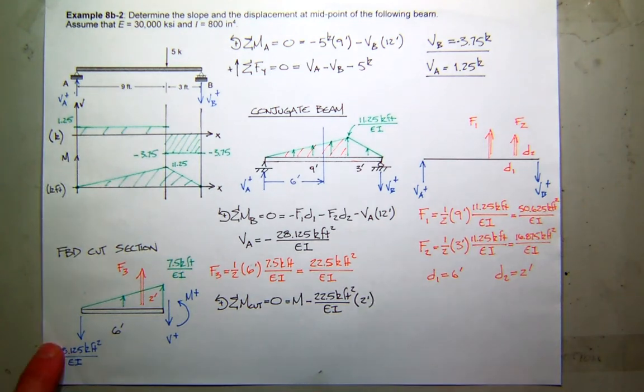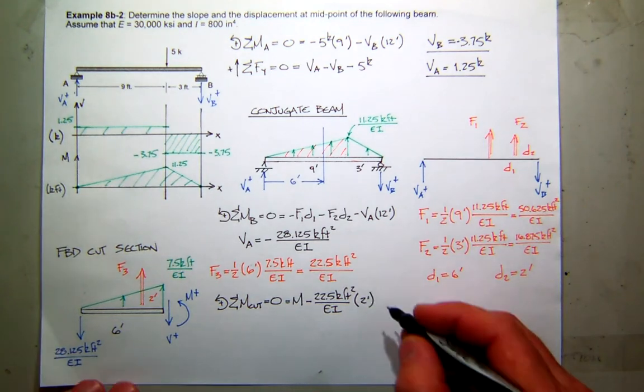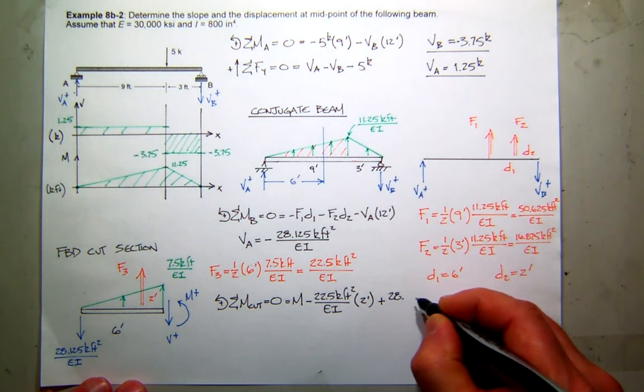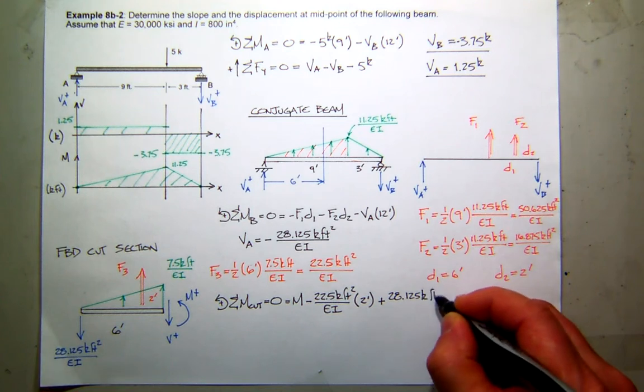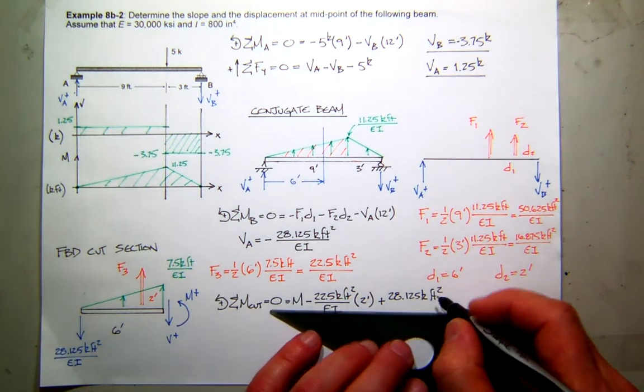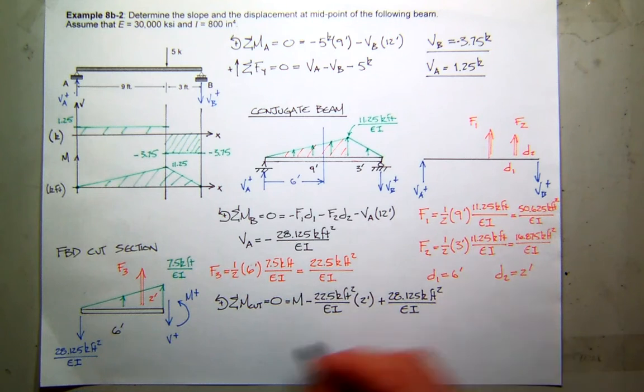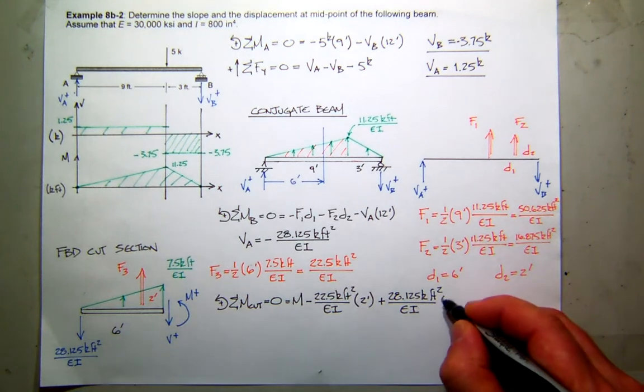And then the reaction down here, that creates positive moment. That would be positive 28.125 kip feet squared over EI. And that's times 6 feet.